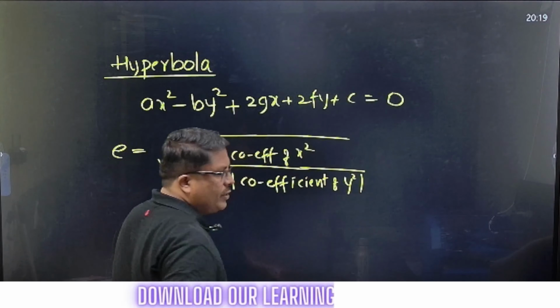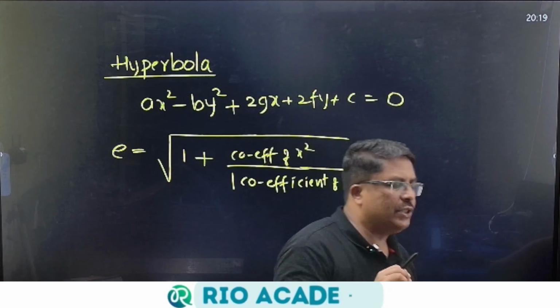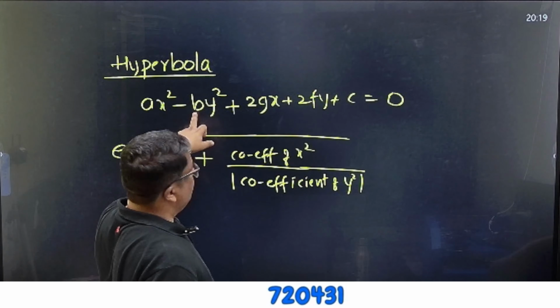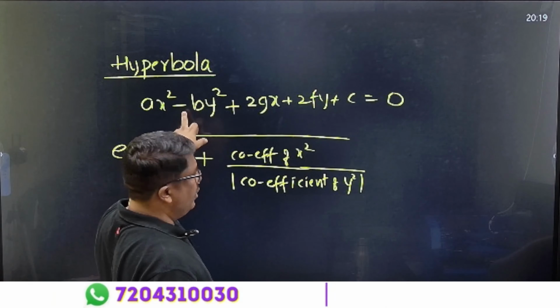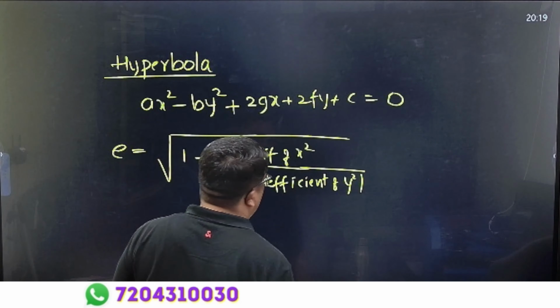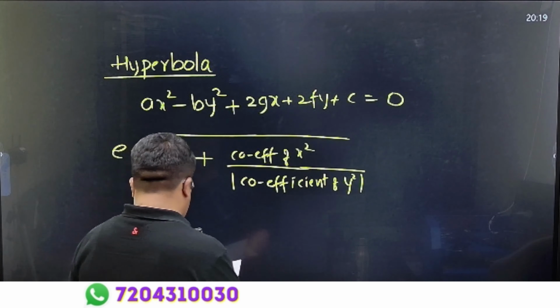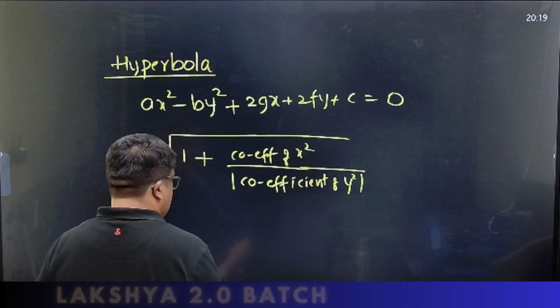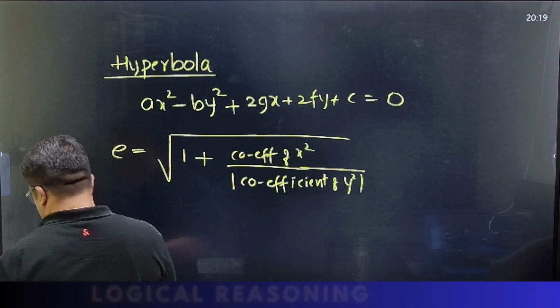Why here modulus? You have to use positive sign. You can see here coefficient of y square here is minus b, so that you can write in the form of positive. Okay. So now let me take an example for this.